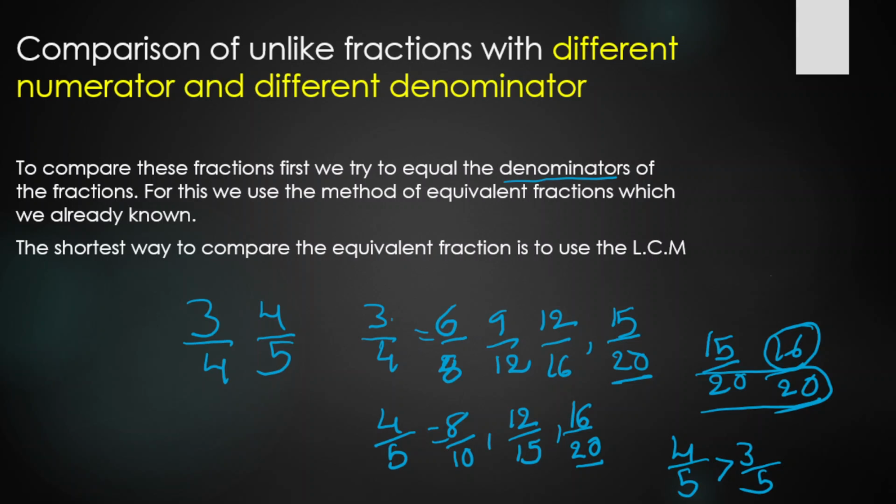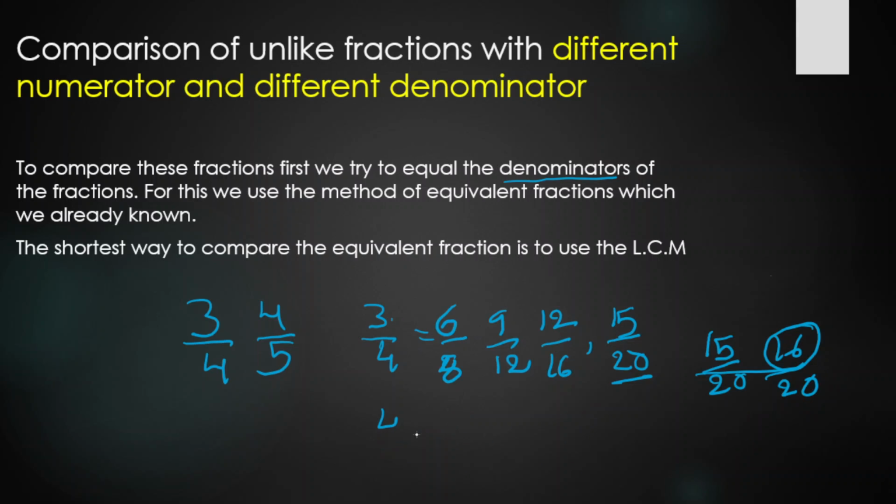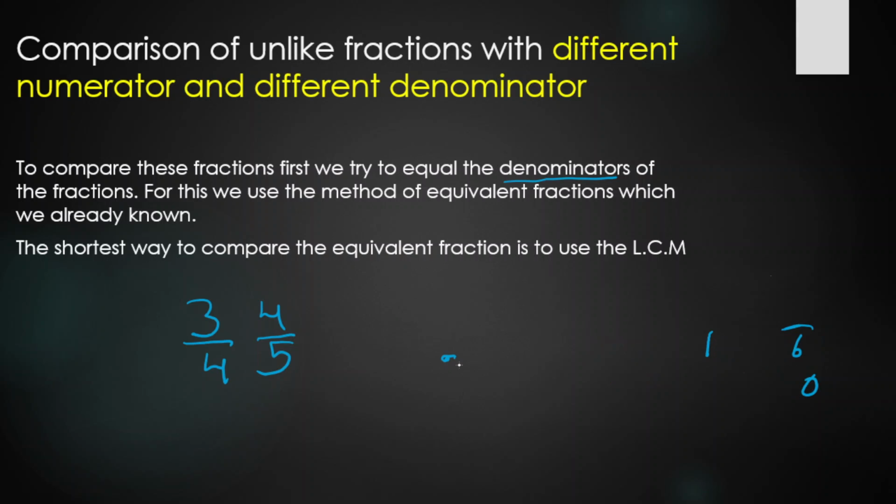Another way of doing this, the shortest way to compare fractions, is taking the LCM of both the denominators. Here the LCM of 4 and 5 becomes 20. Let me take the pen.